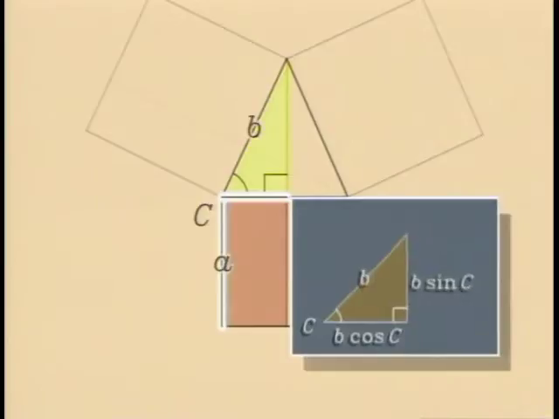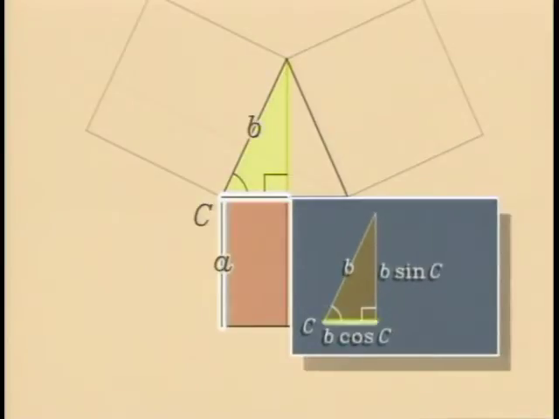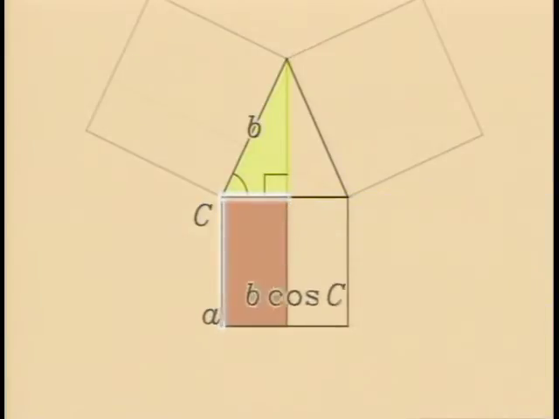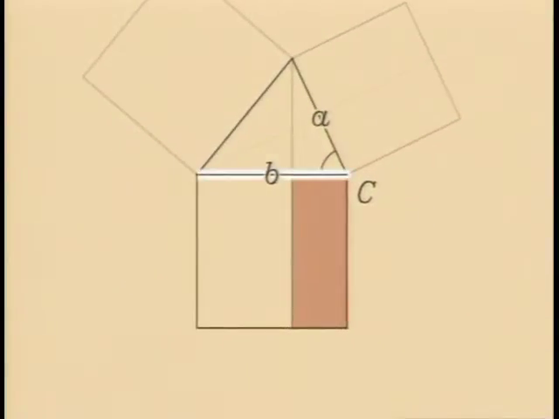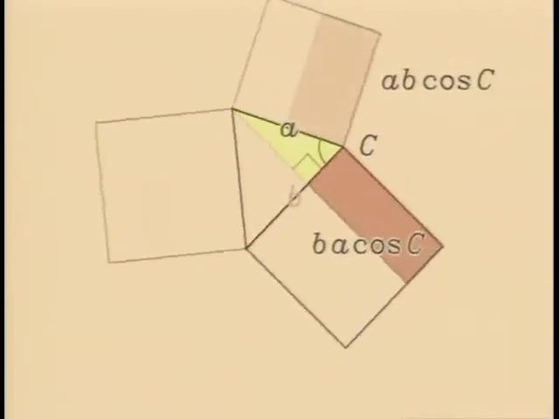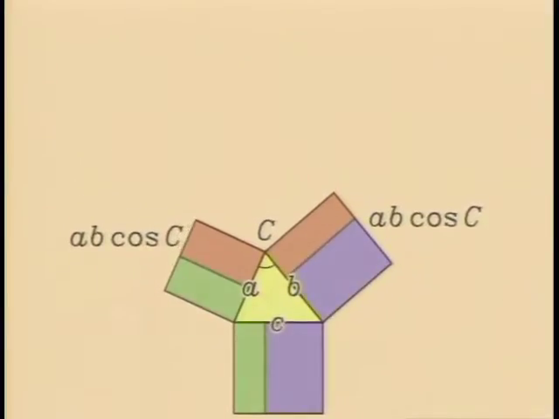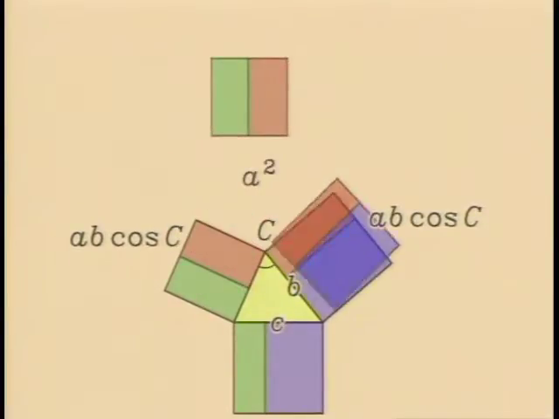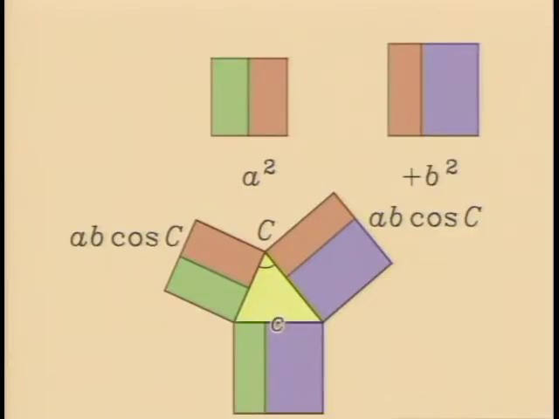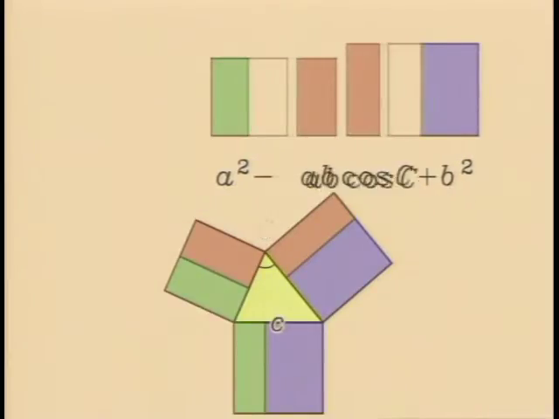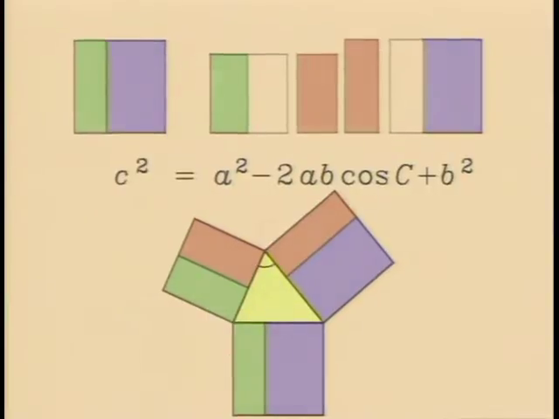Remember, in a right triangle, the leg adjacent to angle C is the hypotenuse times the cosine of C. So the area of this brown rectangle is A times B cosine C. And the area of this brown rectangle is B times A cosine C, which of course is also AB cosine C. So we have found that A squared plus B squared minus two rectangles of area AB cosine C is equal to C squared. We've discovered the law of cosines.